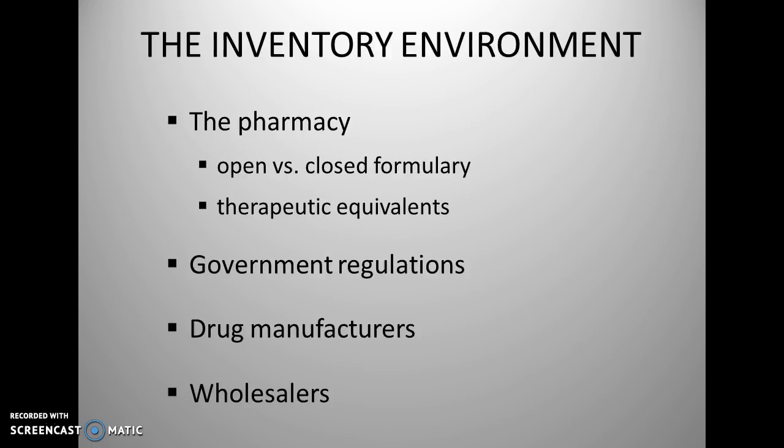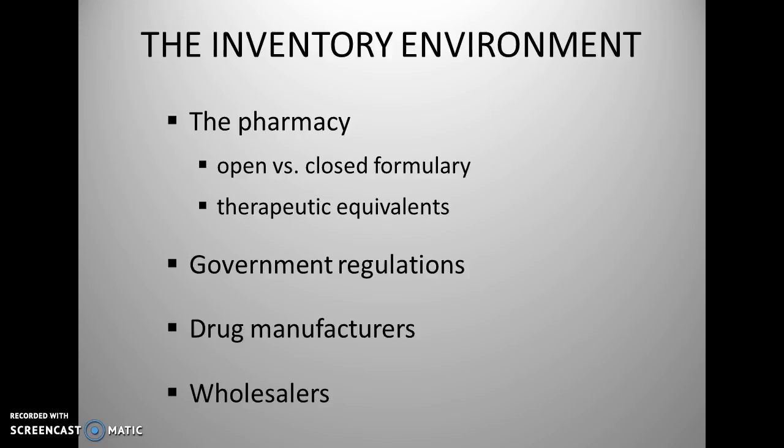So there are certain definitions that you should be familiar with. One, closed formulary, which is a limited list of approved medication to be used within the system. Formulary, which is a list of medications approved for use. Inventory, a list of goods or items a business uses in its normal operation.